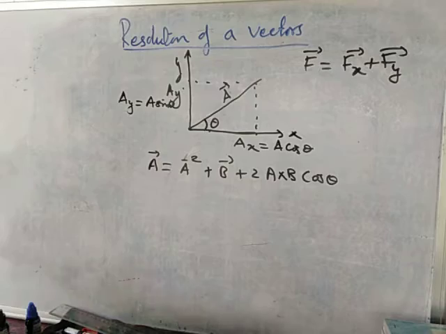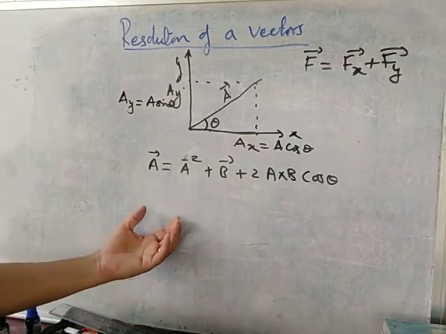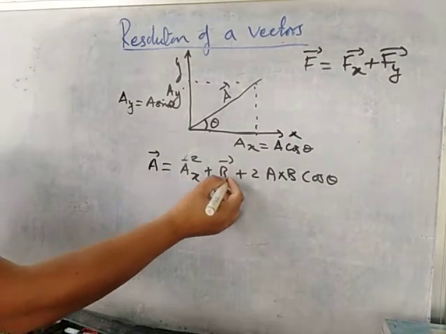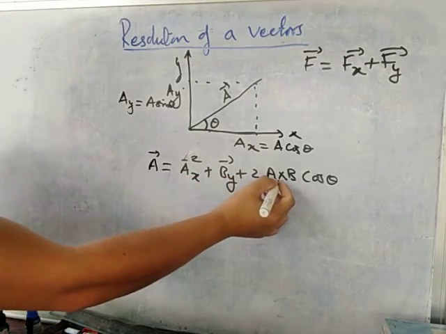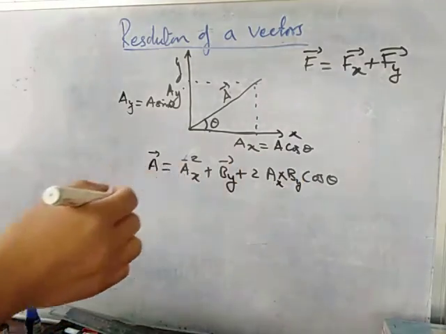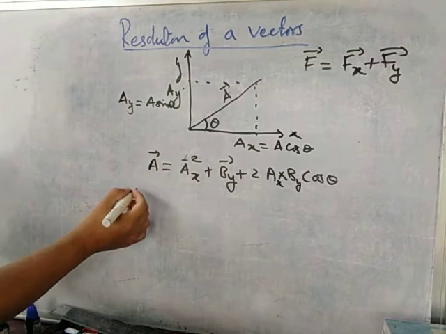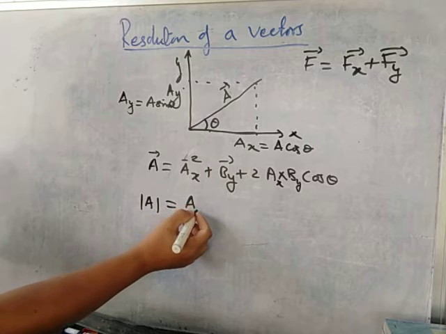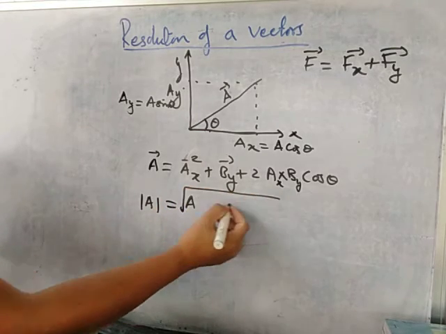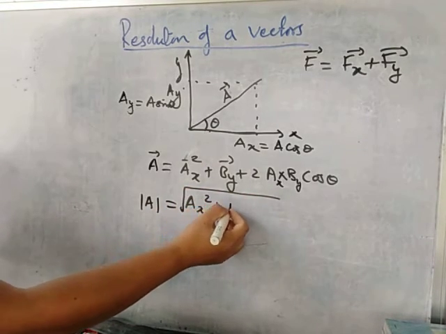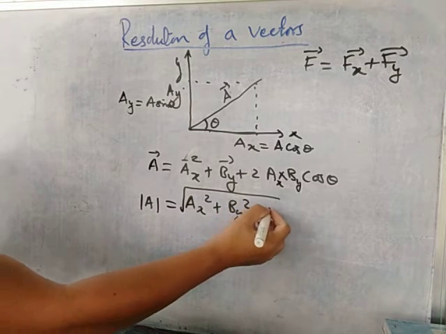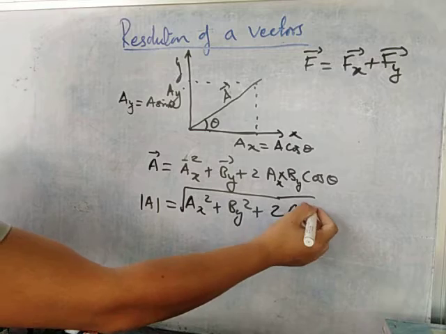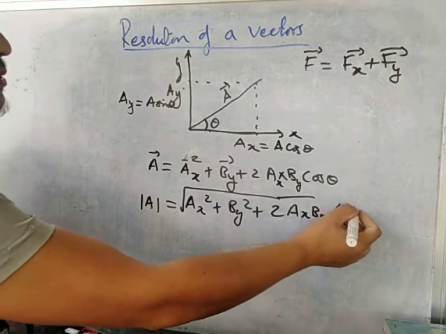So if I take this, then I'll get Ax, Ay, and if I take the modulus, then I'll get A equals root over Ax square plus Ay square plus 2 Ax Ay cos theta, isn't it?